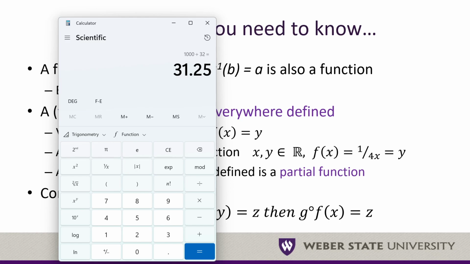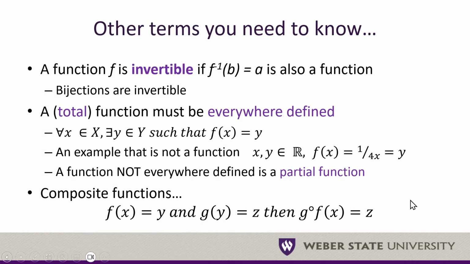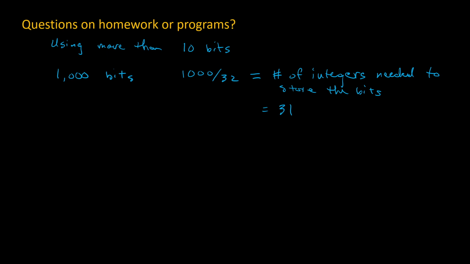Does that make sense? I'm not hearing anything, so I'm going to assume that your heads are nodding up and down. It's 31.25, so we need 32 integers.